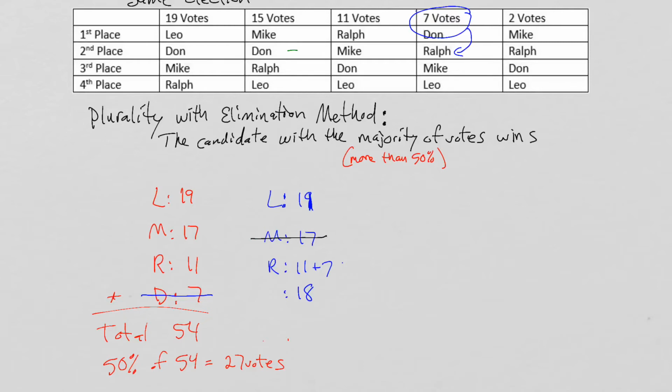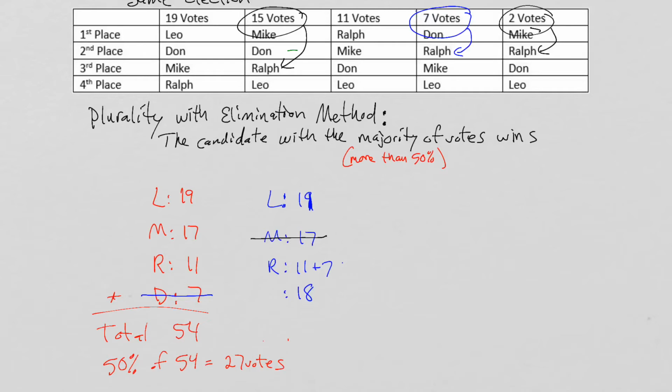So Mike's 2 votes right here are going to go to Ralph. And Mike's 15 votes, they can't go to Don because Don's been eliminated in the first round. So they're going to go to Ralph.